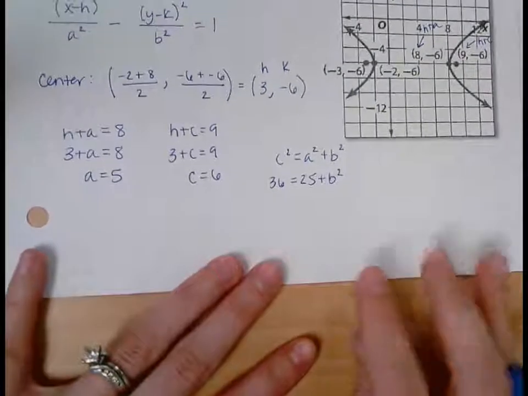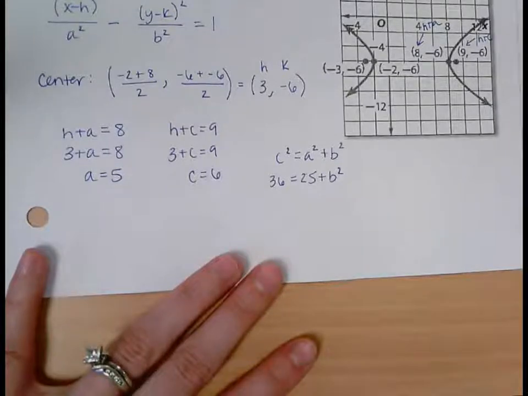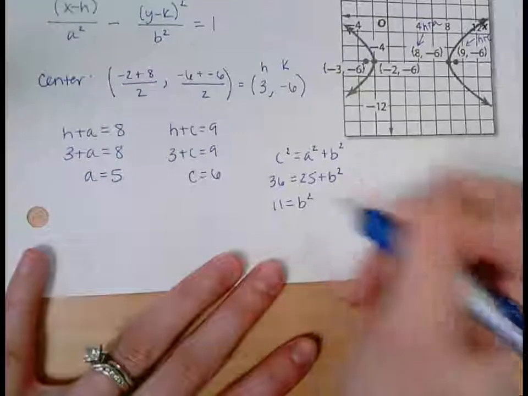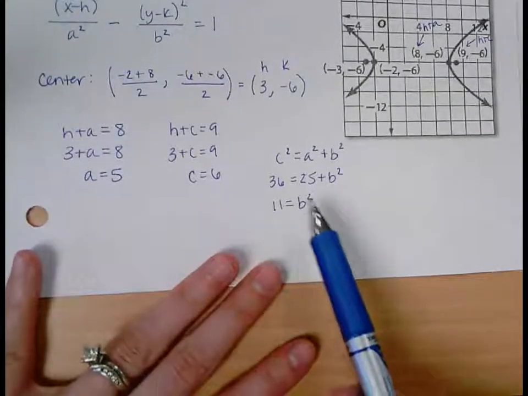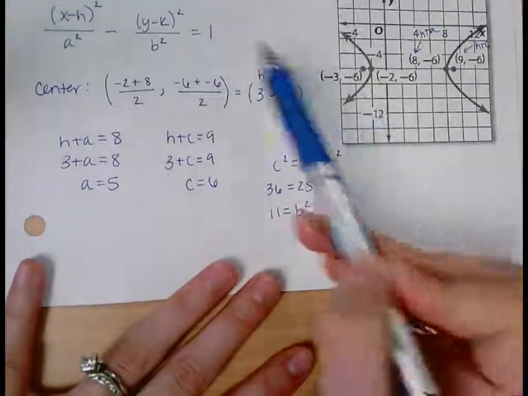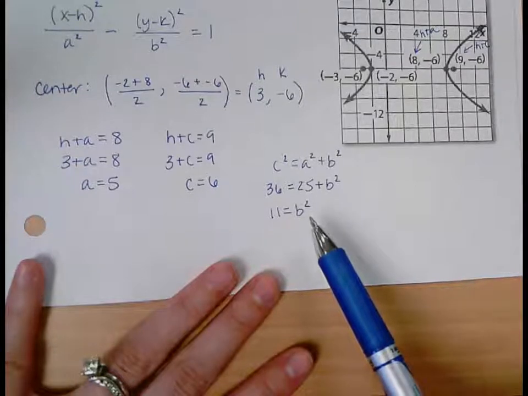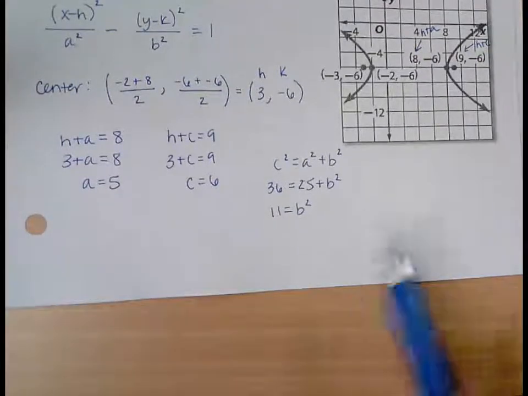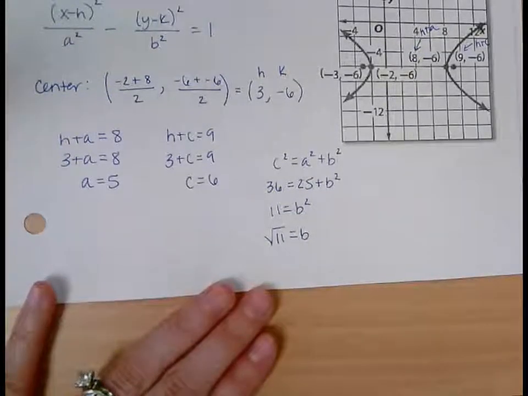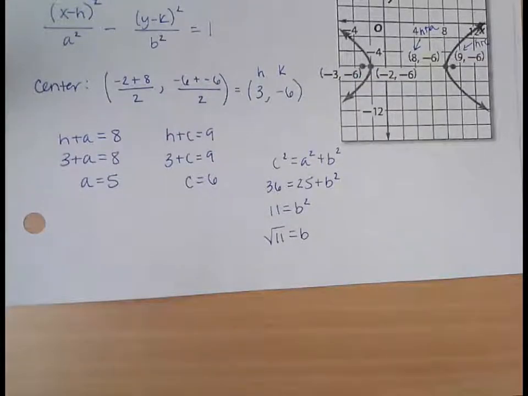So 36 equals 25 plus b squared. Subtract 25 from each side, and that gives you 11. I actually don't need to take the square root because b squared is what's in my formula. Here I know b squared is 11. If you take the square root, leave it as the square root of 11 so that when you square it, you get back to 11 and you don't have a decimal.